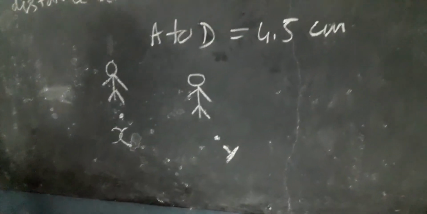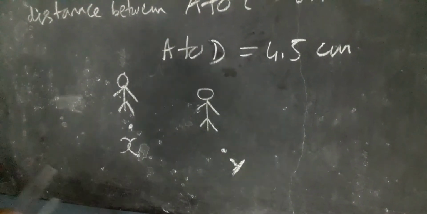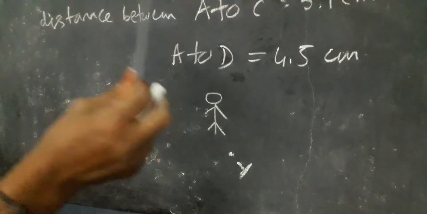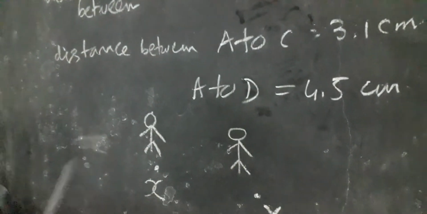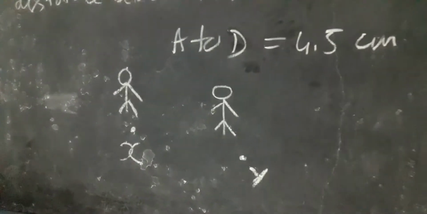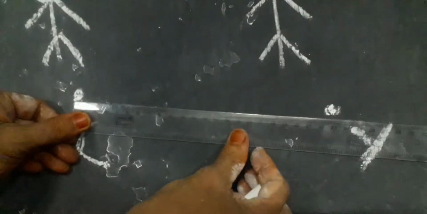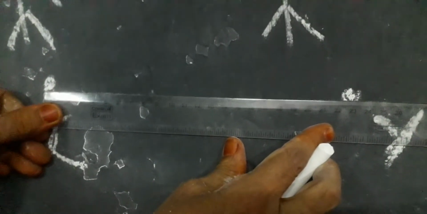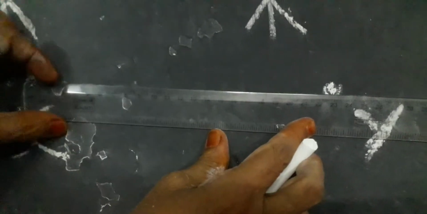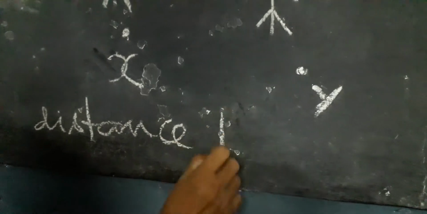When you draw the line segment in your notes, you will use the small scale only. See, this is the X point and this is the Y point. The distance between X and Y is 23 centimeter.